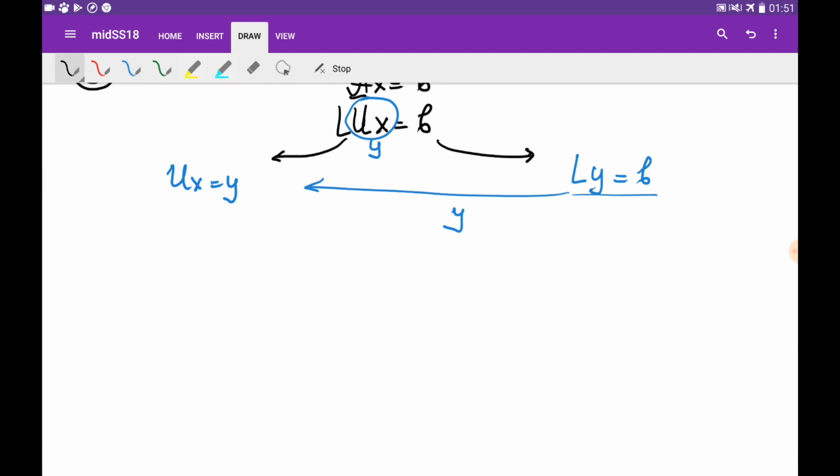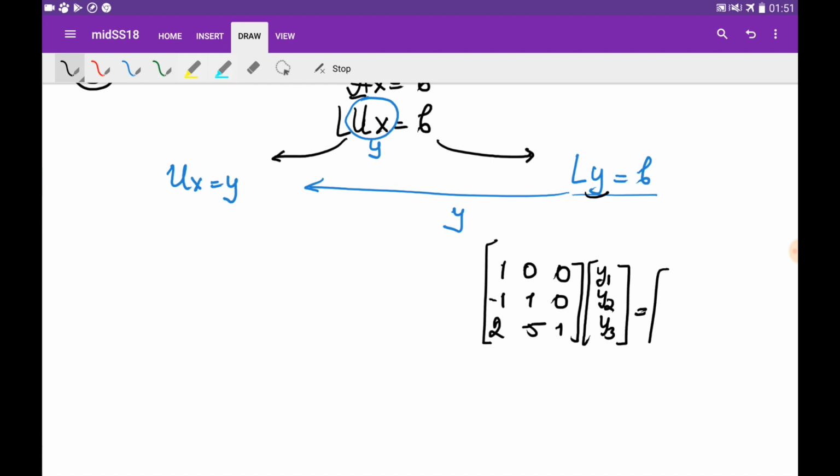Our L matrix was [1, 0, 0; -1, 1, 0; 2, -5, 1]. We multiply this by some unknown vector y = (y1, y2, y3), and this should be equal to the b vector, which is given as (-7, 5, 2).